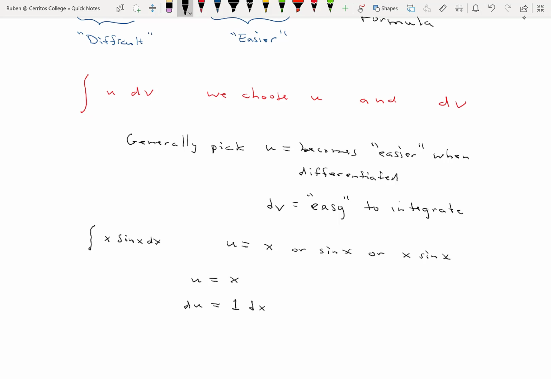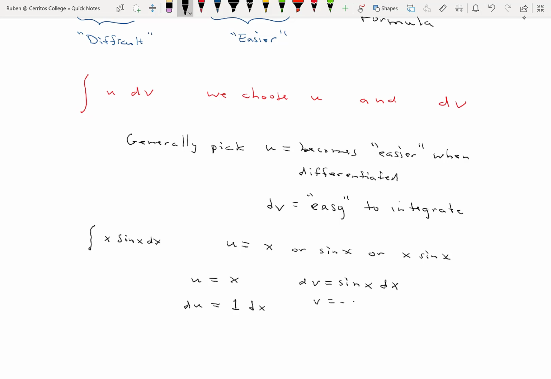So once we make the selection of u, dv is really selected for us. dv is the rest of the integral. And the idea was to choose dv as something that's easy to integrate. Well, fortunately, our choice for u as x leaves us with sine x, very easy to integrate.